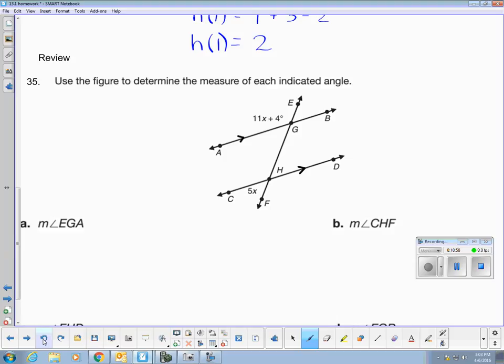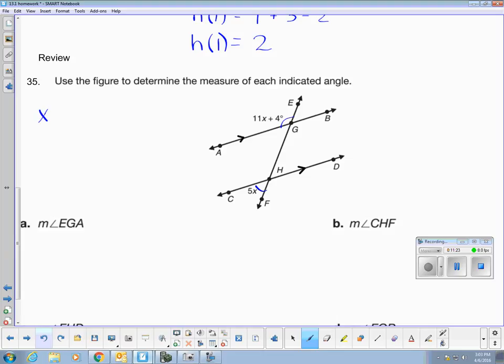What I notice is that they give me these two angles, and I'm thinking what the relationship is between those two angles, and my choices are either they are congruent to each other or they are supplementary to each other. And because they are same side exterior angles, the relationship is that they are supplementary.